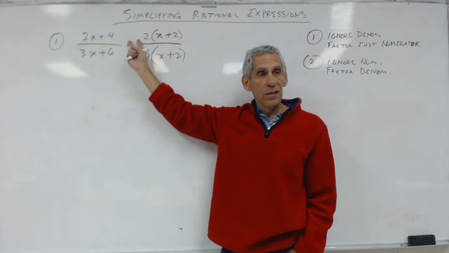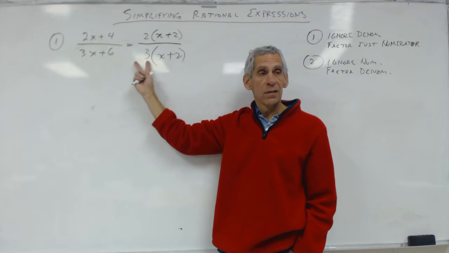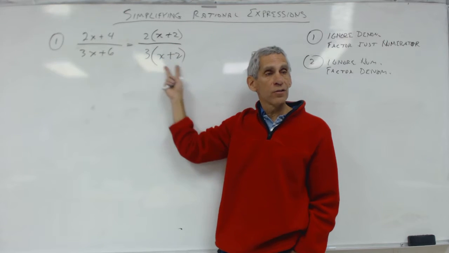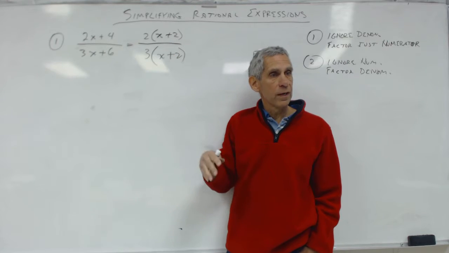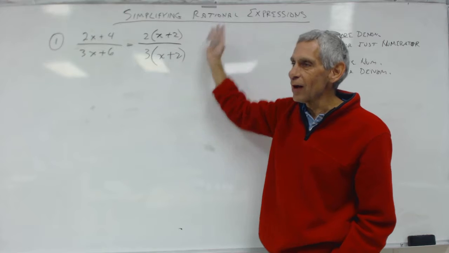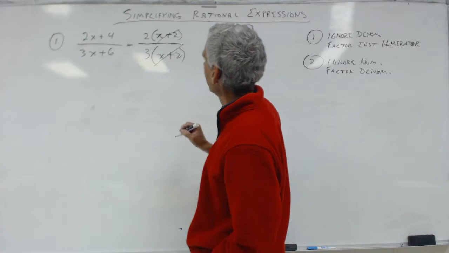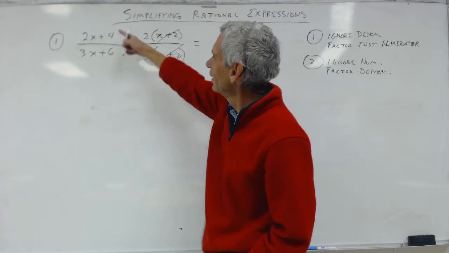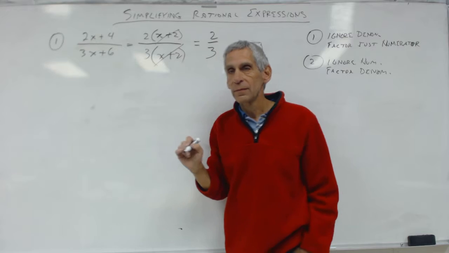I have this times this blob, and this times this blob. Does that make sense? As long as they're being multiplied, the blobs can be removed, crossed out. So I could get rid of my x plus 2's, and suddenly this mess is just 2/3.